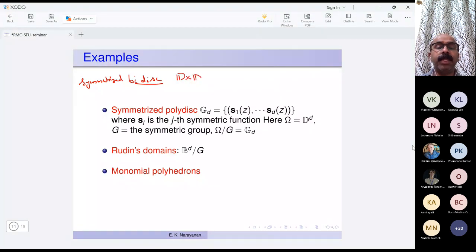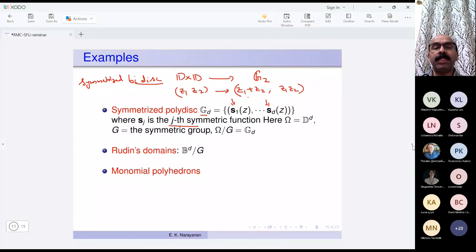So you look at the bidisk, that is D cross D, and you look at the map (z1, z2) going to (z1 plus z2, z1 z2). Okay, so the image is called the symmetrized bidisk, and that is denoted by G2, right? So G_d is the symmetrized polydisk, where S1, S2, etc., S_d are such that S_j is the jth symmetric polynomial, right? So here in two variables you have just z1 plus z2 and z1 z2.